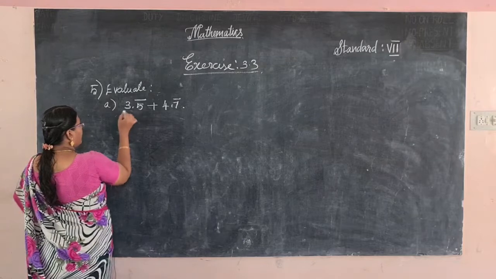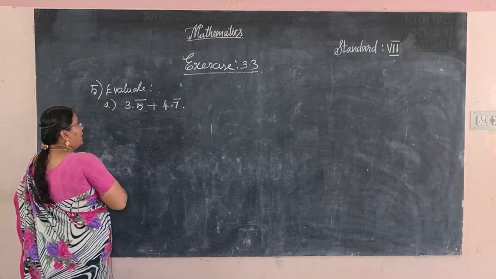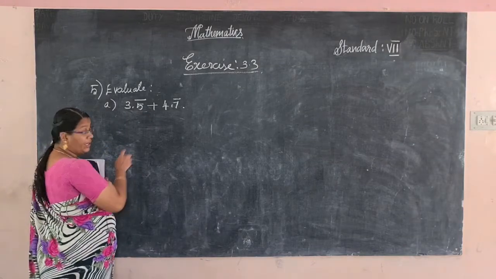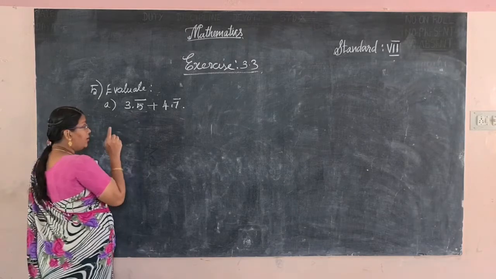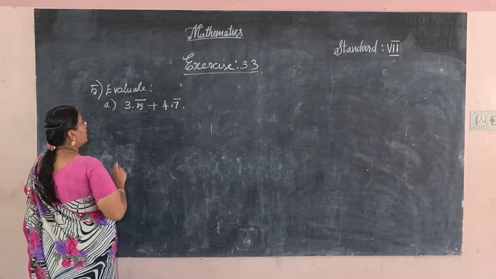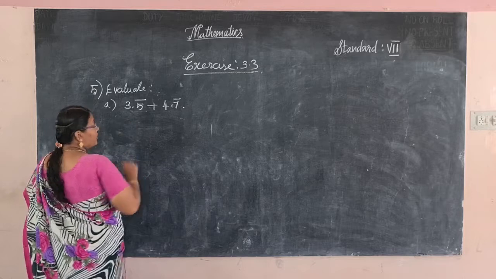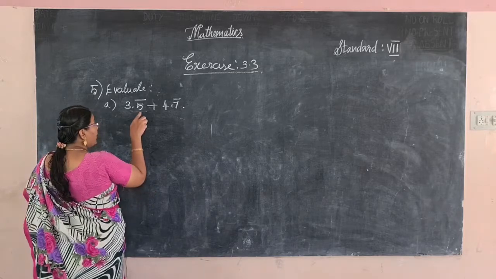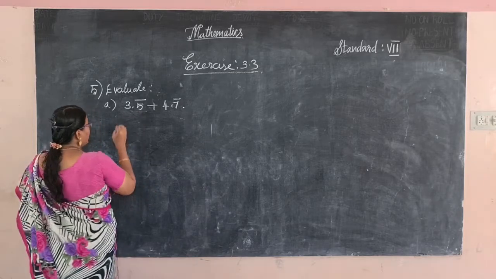Let us first consider the first non-terminating recurring number. Recurring number means repeating number. Which number is repeated here? 5. So, solution.